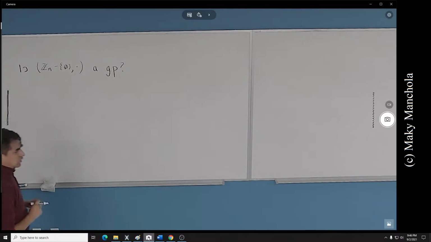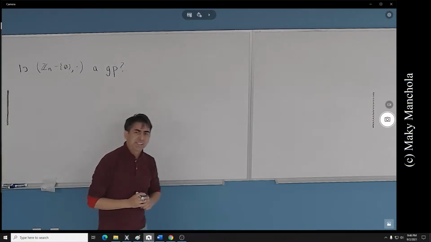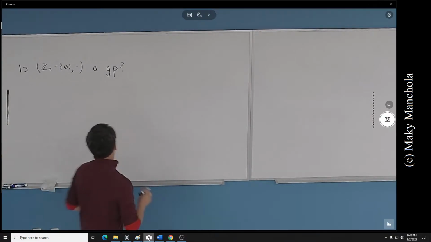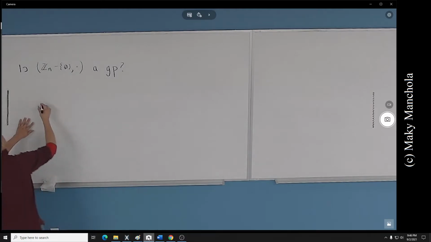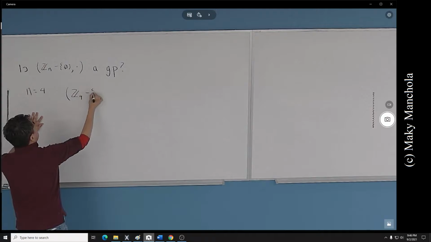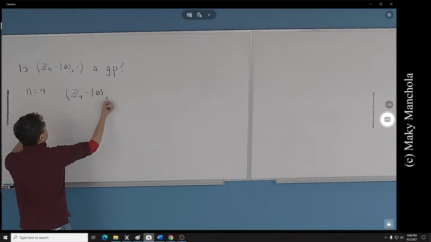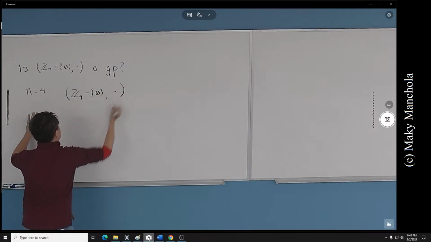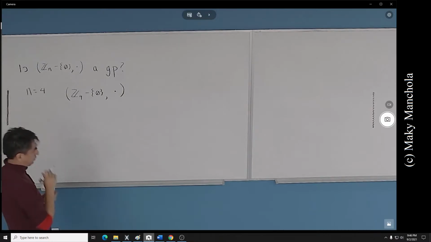Okay, so let's look for one case. Let's look at n equals 4. So when n equals 4, our structure is Z4 excluding 0 together with multiplication modulo 4.